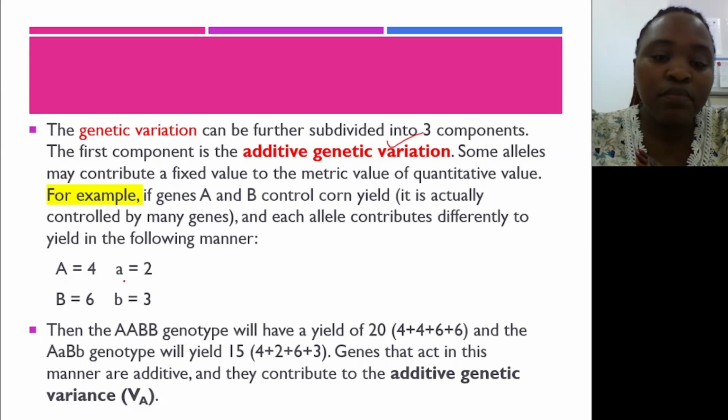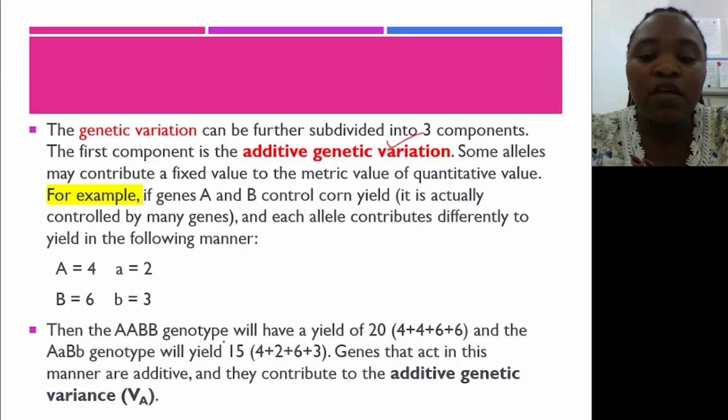This is what we illustrated earlier, that maybe the dominant A allele will contribute 4 units, the recessive A allele will contribute 2, B 6, then the recessive 3, and so on. If you have the genotype of dominant forms, then you will have a yield of 20, which is 4 plus 4, 6 plus 6.